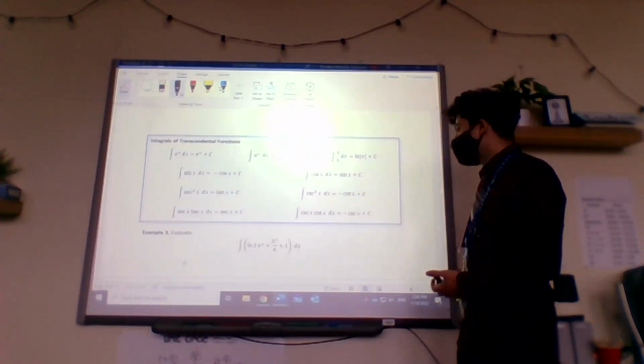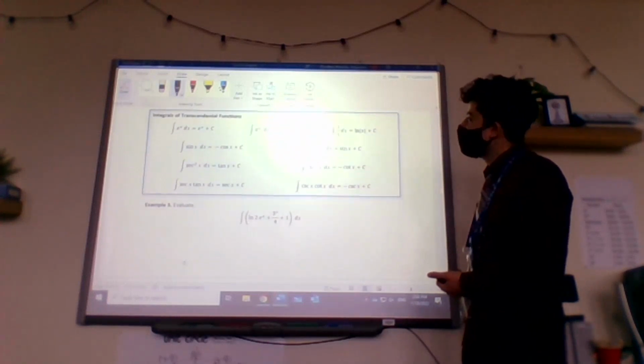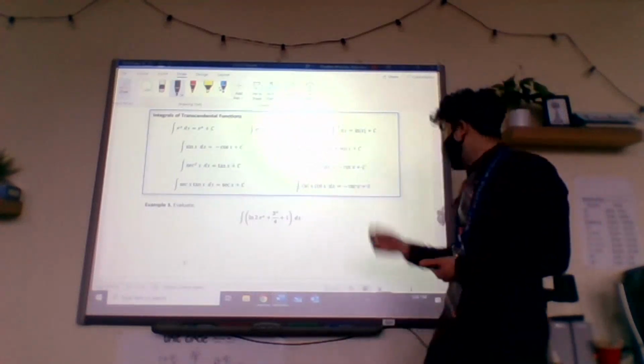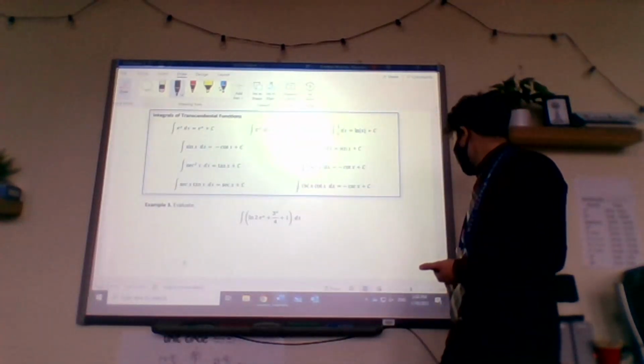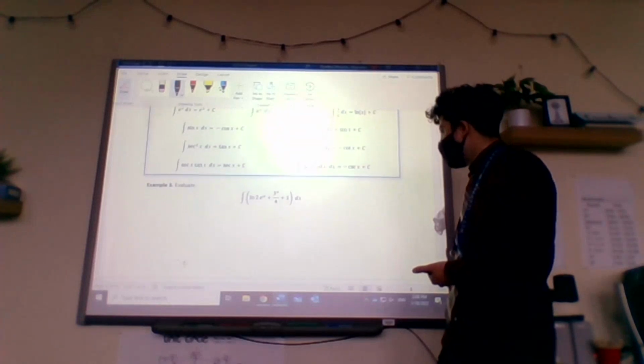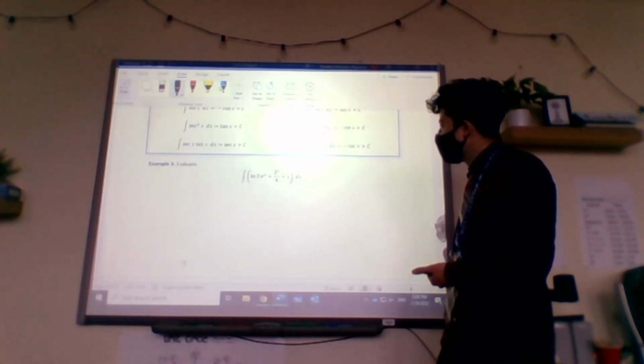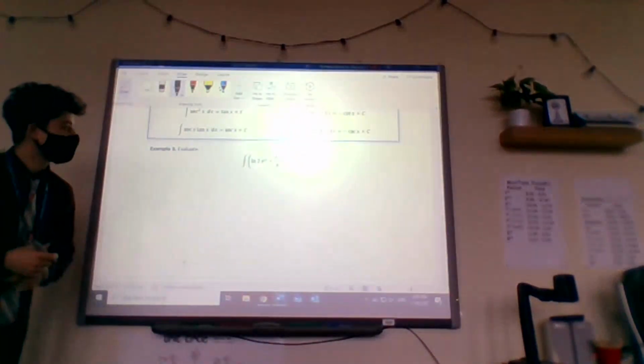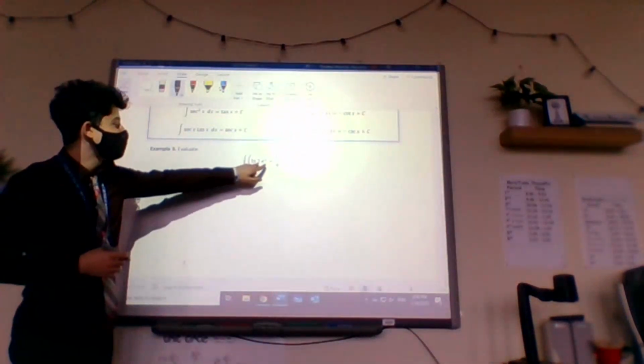Okay. Then here's all the other functions we know. Let's see if we can take these antiderivatives. Also, for this one, I think this is kind of ambiguous.